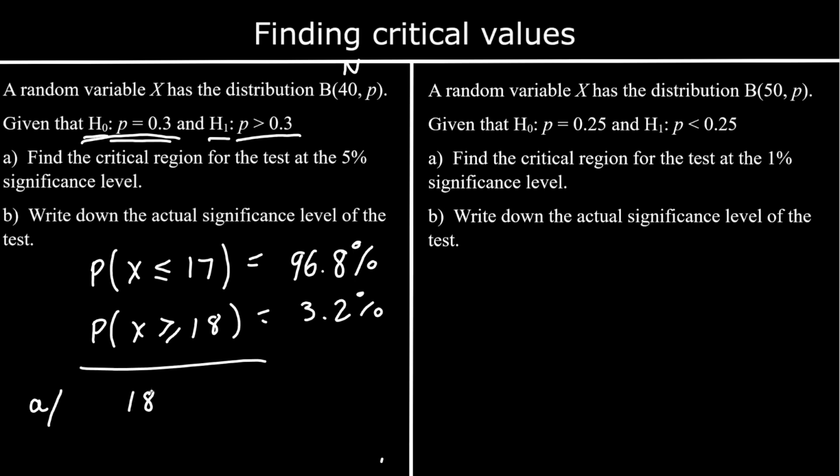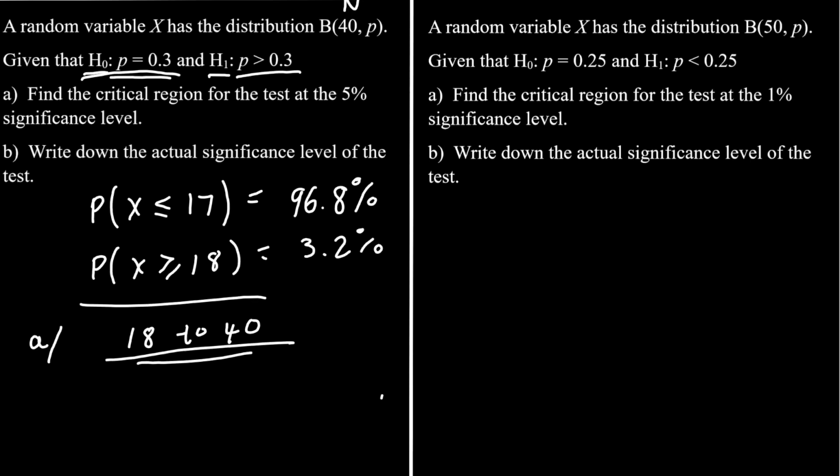So anything from 18 to 40 is going to be our critical region. Anything between 18 and 40 would be in the most extreme 5% if the null hypothesis H0 is true.